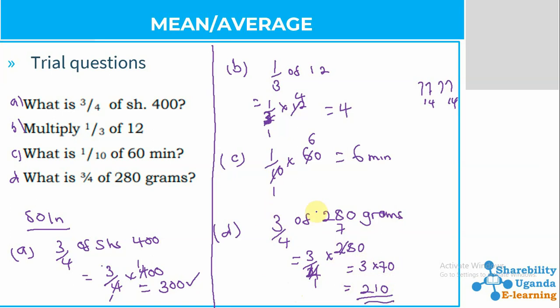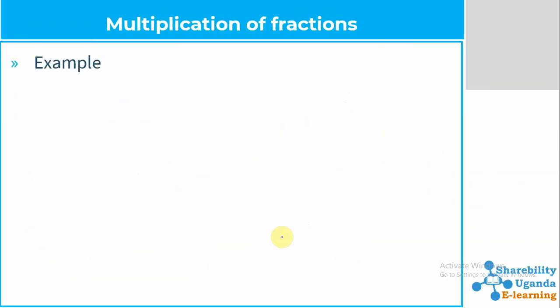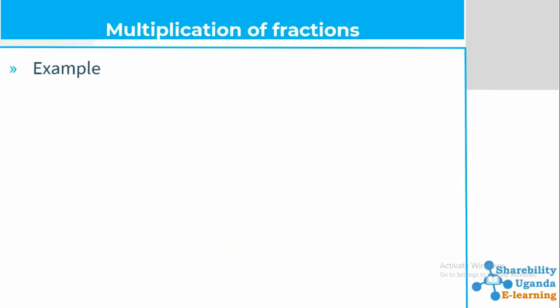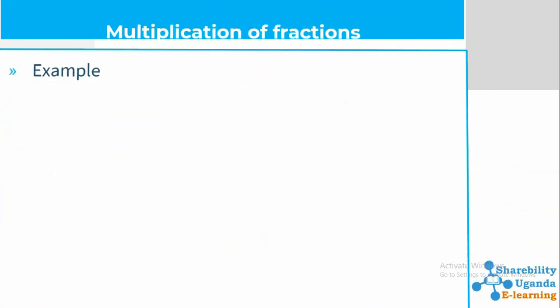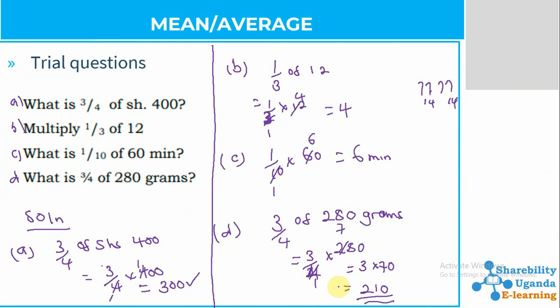You can solve it at marathon speed. So that is how we shall be dealing with multiplication of numbers. And that's how they always set these multiplication of fractions questions.